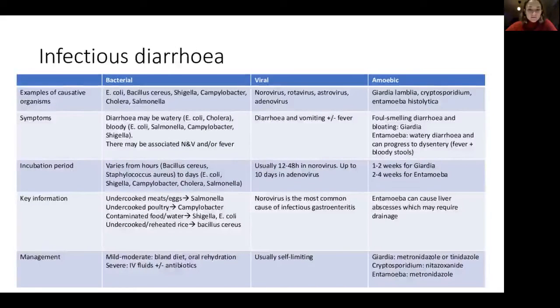Whereas the incubation period for amoebas is much longer; it's weeks. And depending on the bacteria, it can also be a very acute onset with, for example, Staph aureus or Bacillus cereus, which is the one that's usually found in undercooked rice, to days, for example, Shigella, cholera, etc. So really, if this comes up, you need to do pattern recognition to determine which is the most likely pathogen involved. But these are just some general pointers as to how to distinguish between different causes of infectious diarrhea.